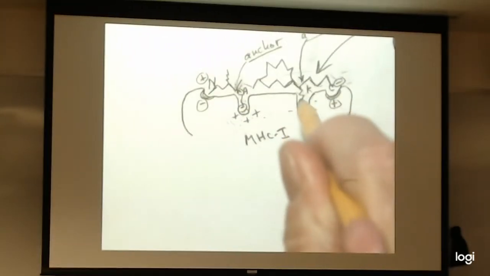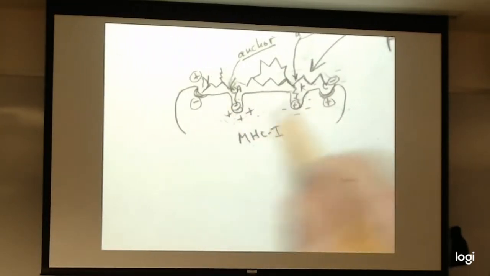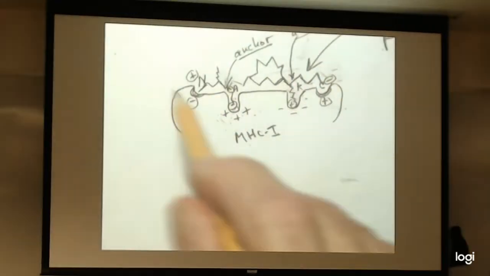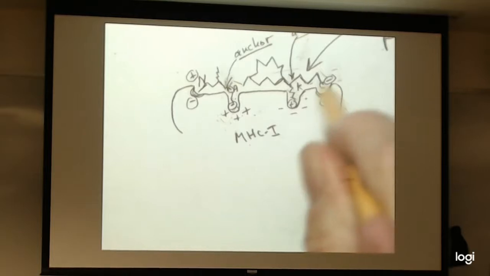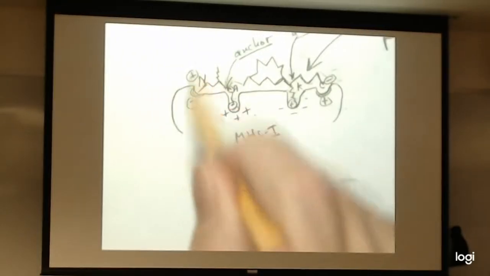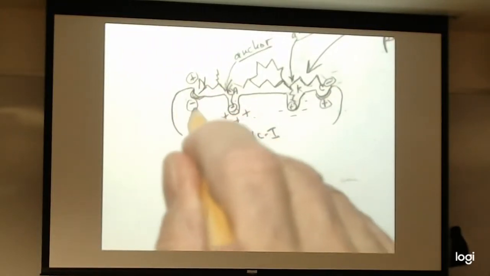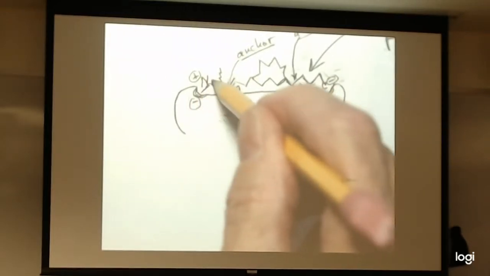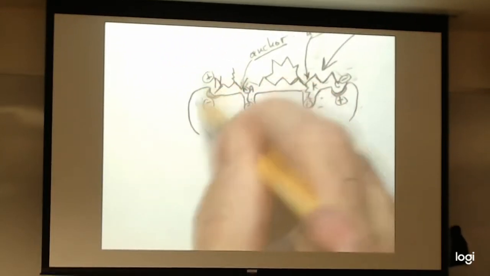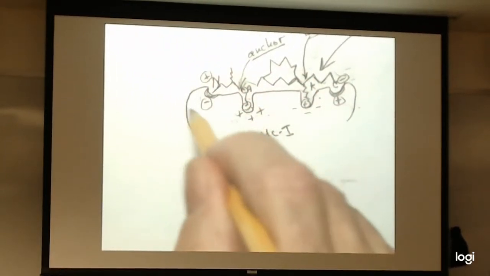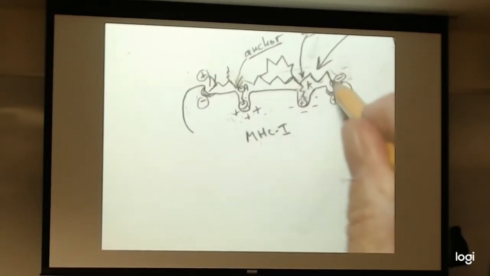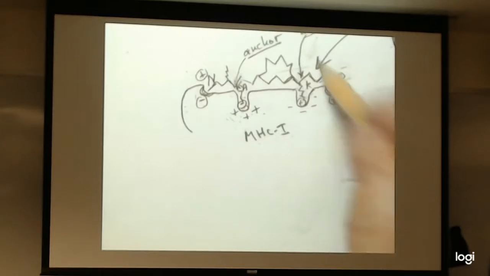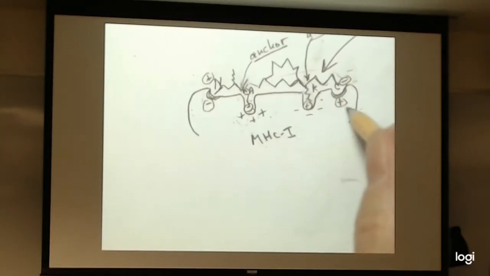Now, there is also binding at the ends. Of course, all peptides have an amino terminal end and a carboxy terminal end. So the amino group is positive, and there'll be a little pocket here which has some negative charges in it. So the amino group will fit into a little pocket with a negative charge, and the carboxy terminal end has a negatively charged carboxyl group, and there'll be a carboxyl-shaped pocket down here, which is positively charged.